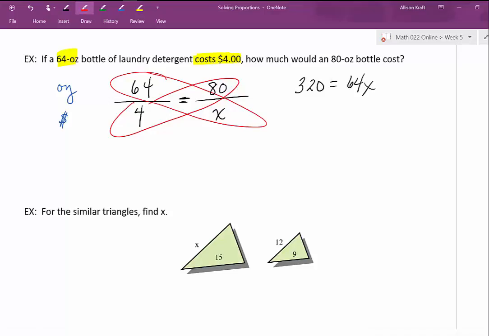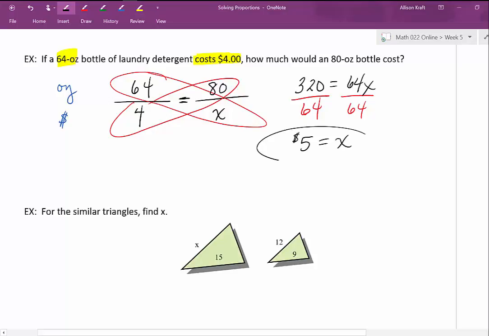The last thing we need to do to solve for x is divide by our coefficient. I end up with 5 is equal to x. It means that that 80-ounce bottle of laundry detergent is going to cost $5.